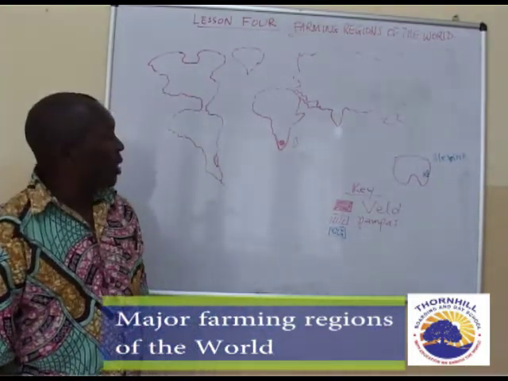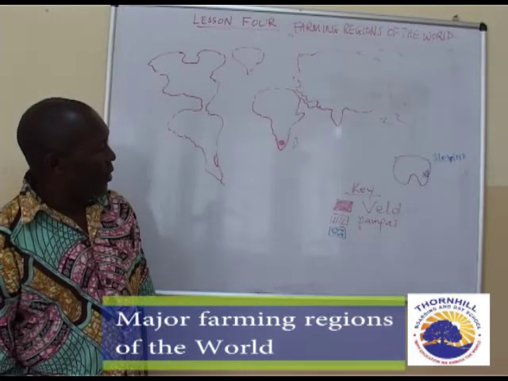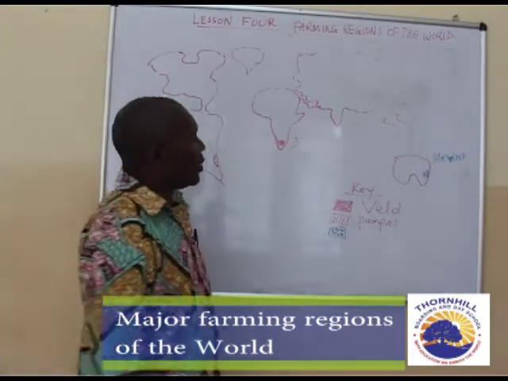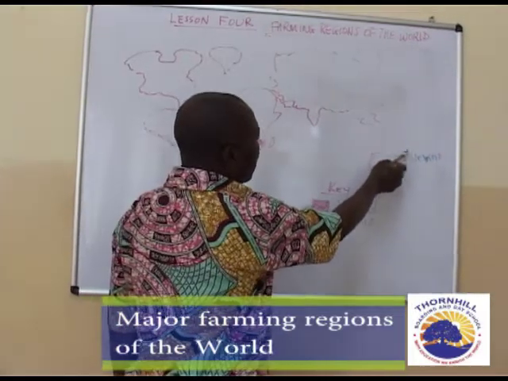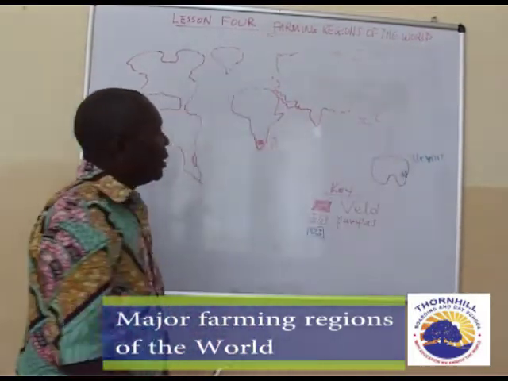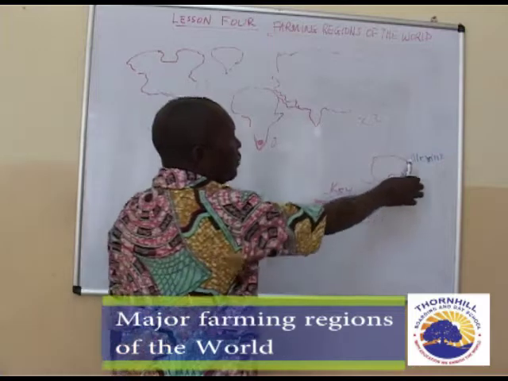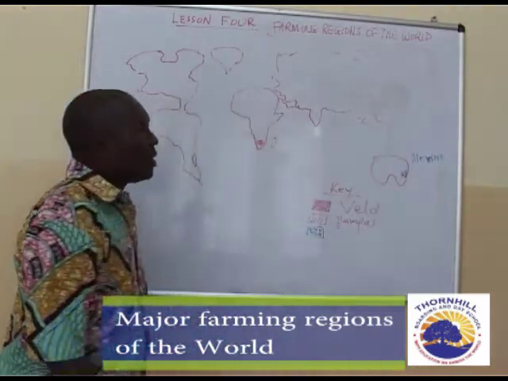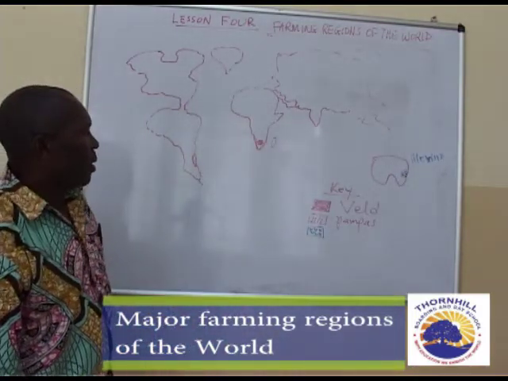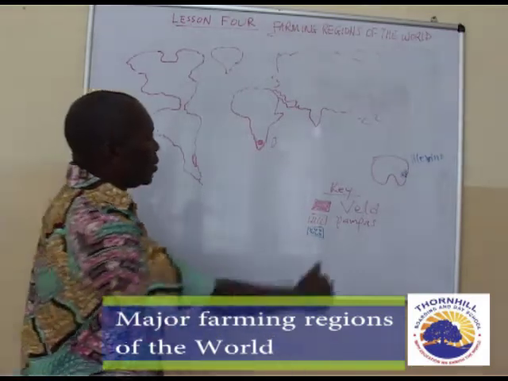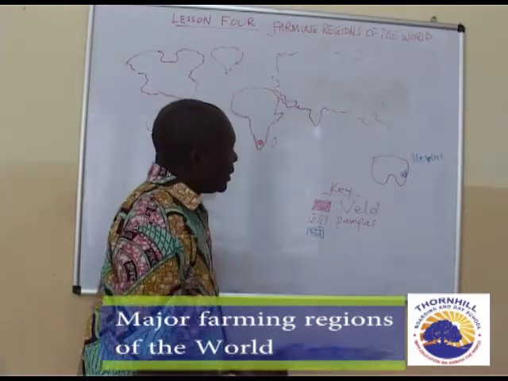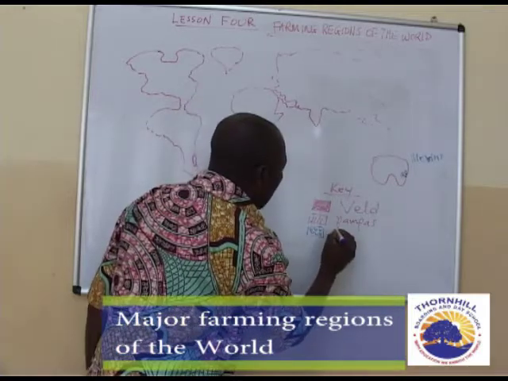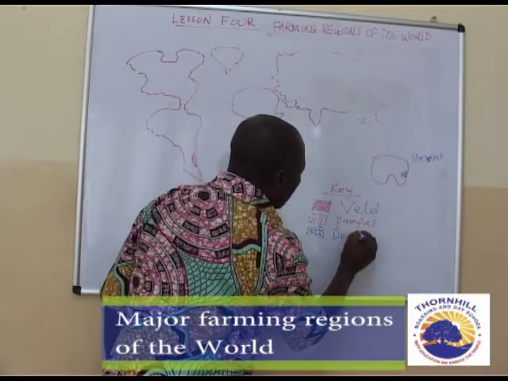Cattle is also kept in that area. As you can see that the country is surrounded by the ocean, but the climate is very favorable for keeping of these merino sheep. Also, wheat is also grown on large scale. That is the Downs of Australia.